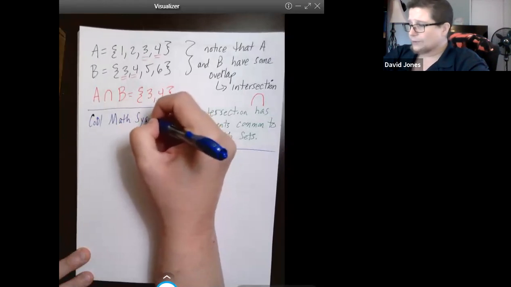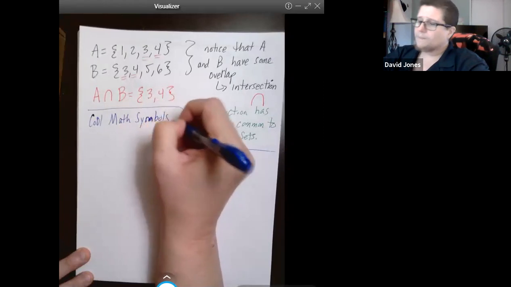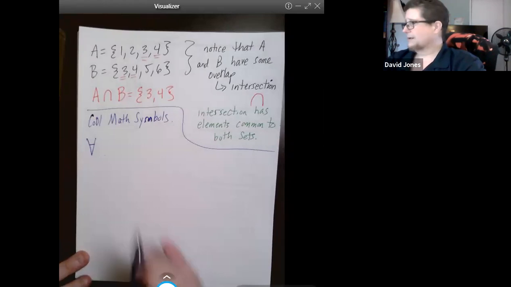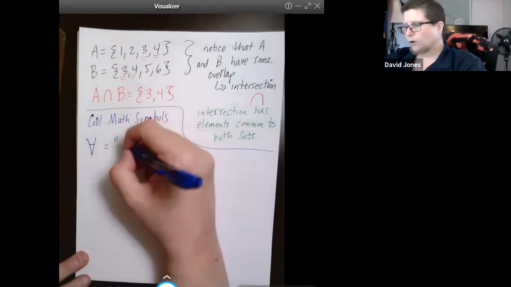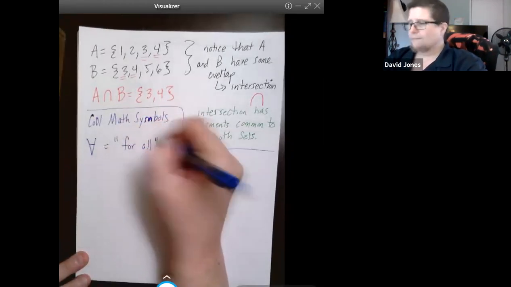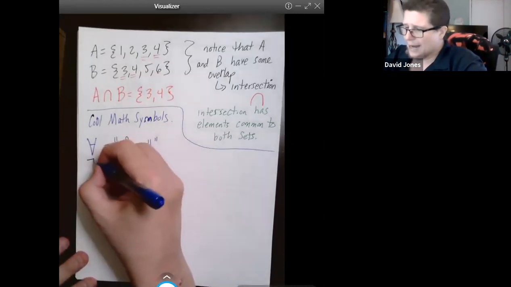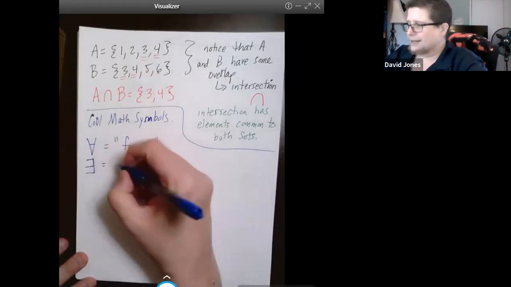Cool math symbols. If I flip that capital A upside down, that means for all. Mathematicians use that enough in proofs and stuff like that that they say for all. And we will use a backwards capital E to say there exists.